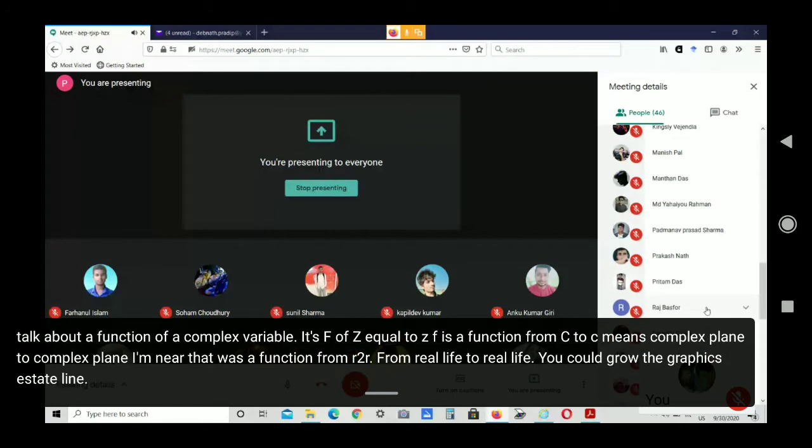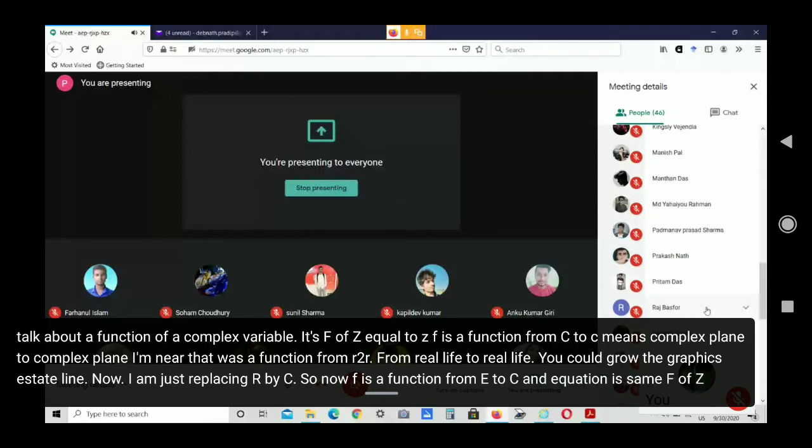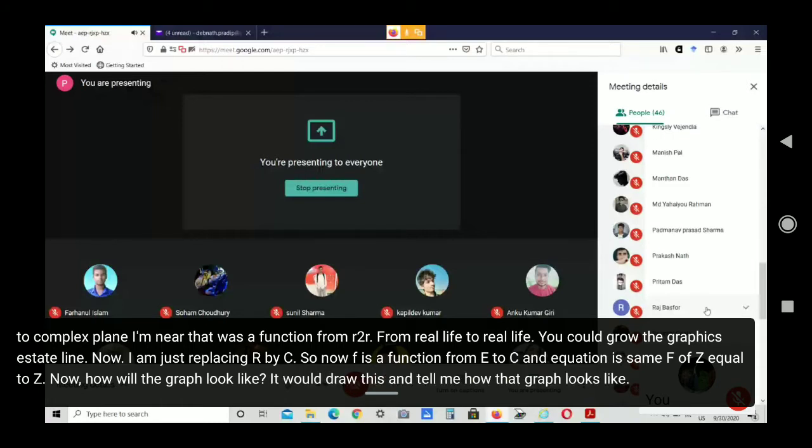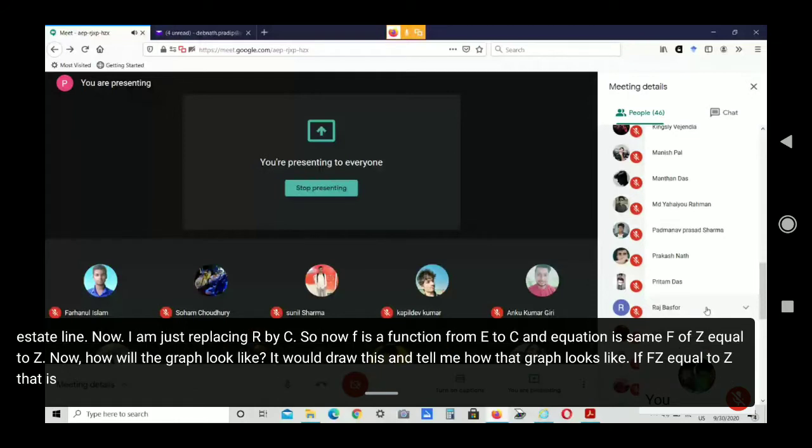Now I am just replacing R by C. So now f is a function from C to C and the equation is the same, f of z equal to z. Now how will the graph look like? Try to draw this and tell me how that graph looks like. f of z equal to z, z is a complex variable.